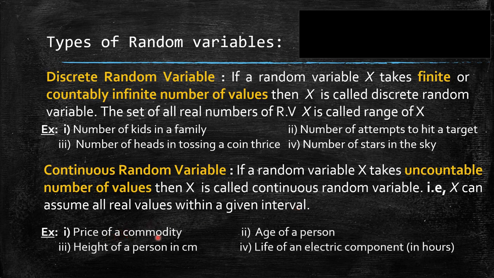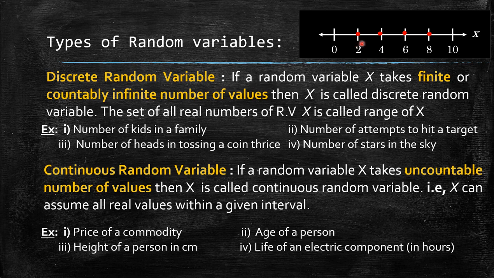For example: price of a commodity, age of a person, height of a person in centimeters, life of an electric component in hours. For all of these, the range will be in terms of an interval a ≤ x ≤ b. So this is an example.